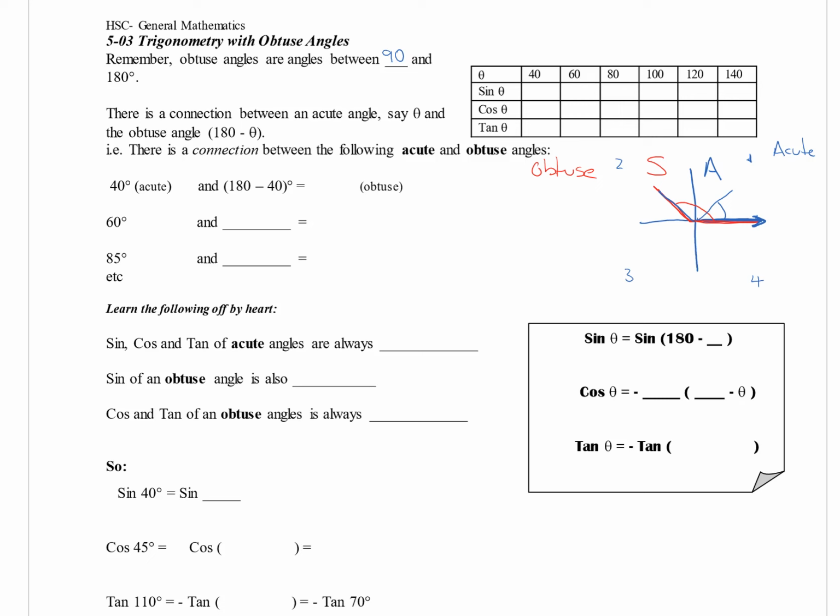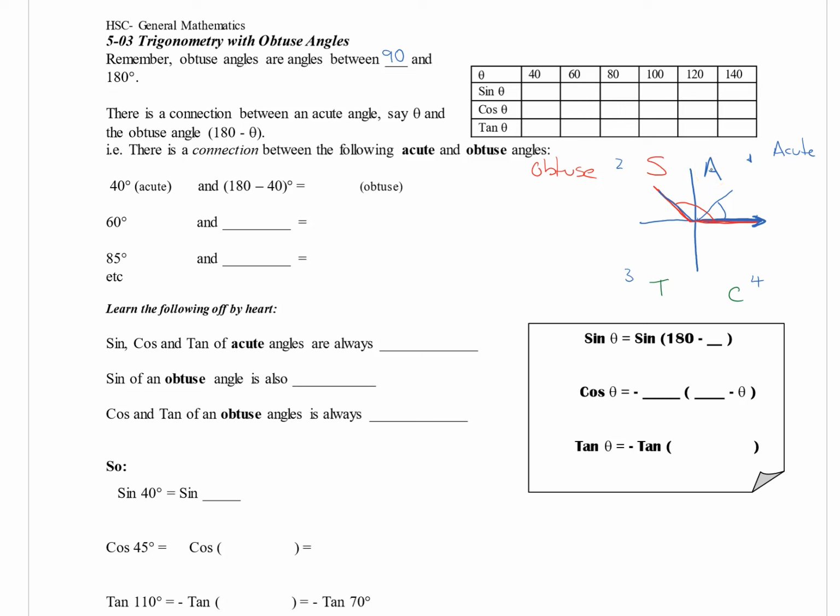Like I said, some of you may have been exposed to that with a T there and a C there and have learnt the little rhyme, all stations to central. If you have been exposed to that, you will know that the sine of an obtuse angle is positive, which then means that cos and tan of obtuse angles is a negative number.